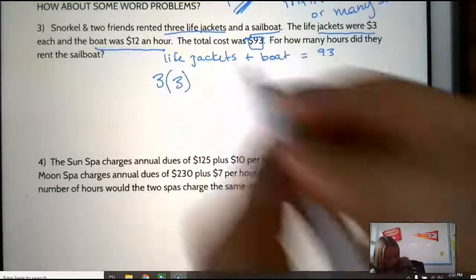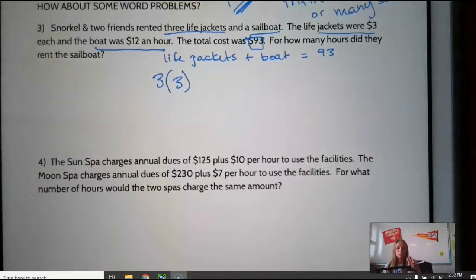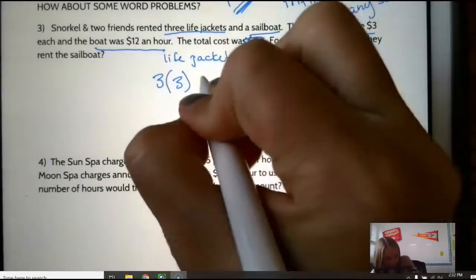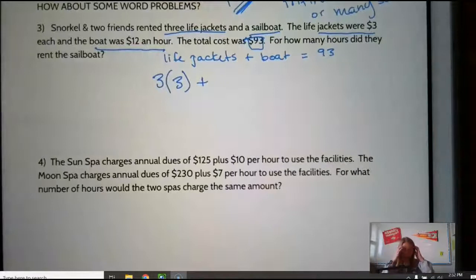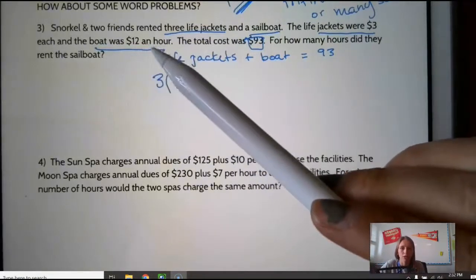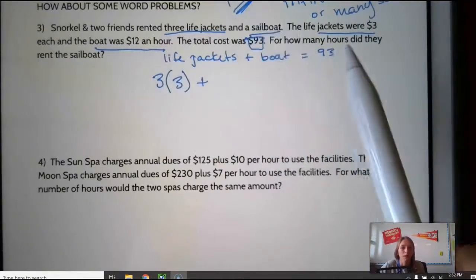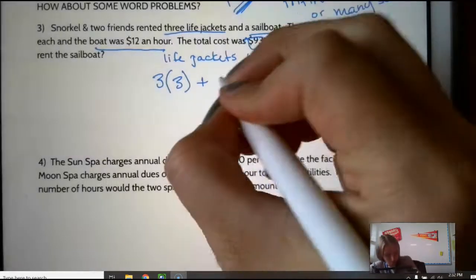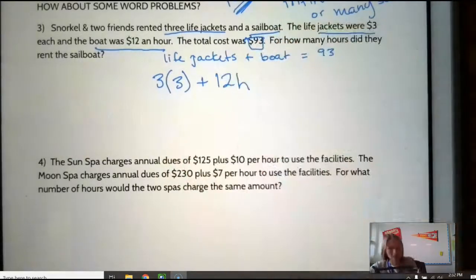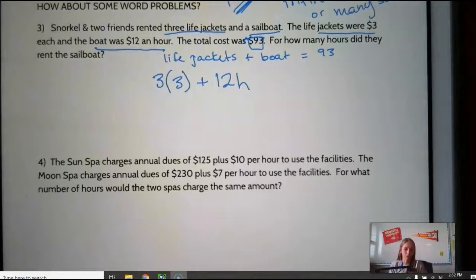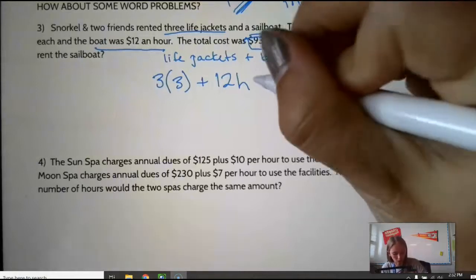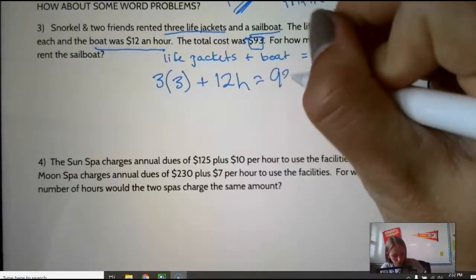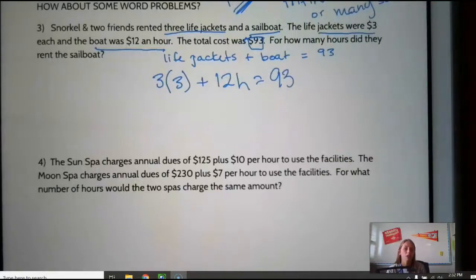So we're going to multiply because there were 3 life jackets and they were each $3. Now we need to add that with however much the boat cost. We know the boat cost $12 an hour. Well, we don't know how many hours they were there, so that's what we're solving for. So we're going to write 12h, and we're going to solve for h, because we're trying to figure out how many hours they were gone. And we know the total cost was $93.